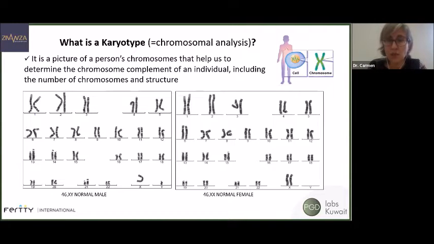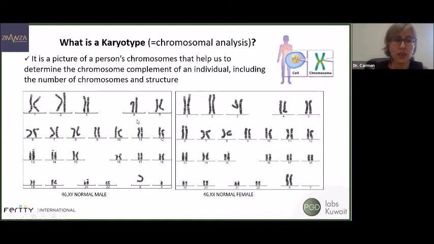The chromosomes are nothing else than our DNA, extremely compact, and they are only visible when the cell is going to divide, when the cell is in mitosis. So in fact, the karyotype is the picture of our DNA at a specific point of the cell division cycle.